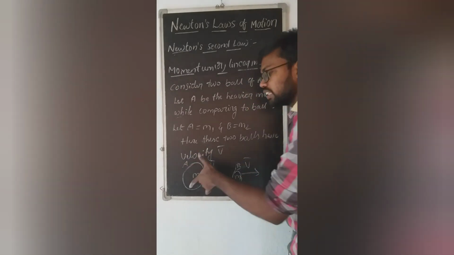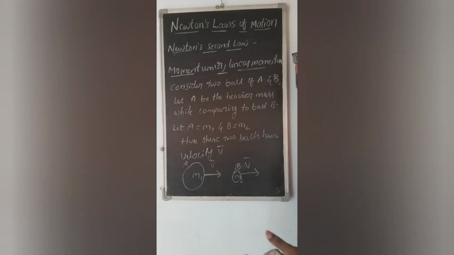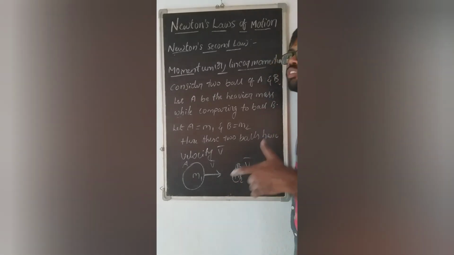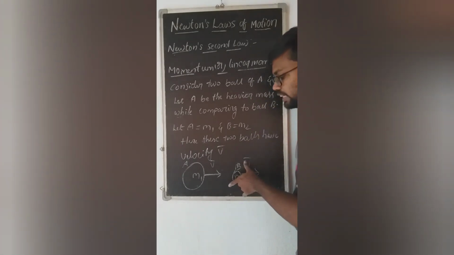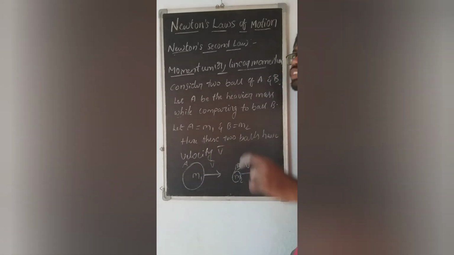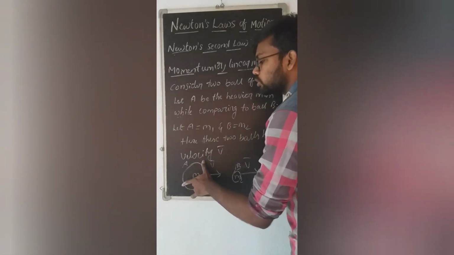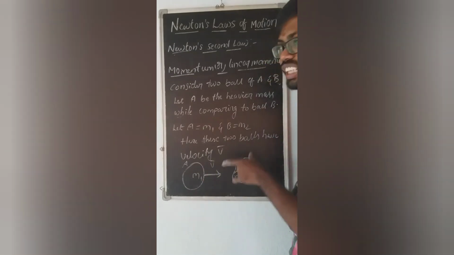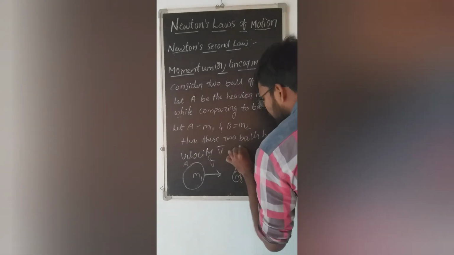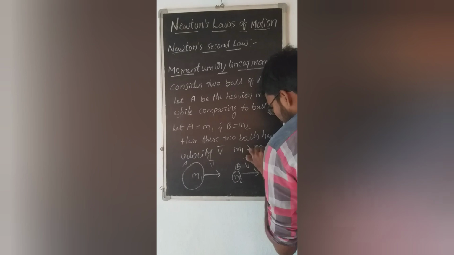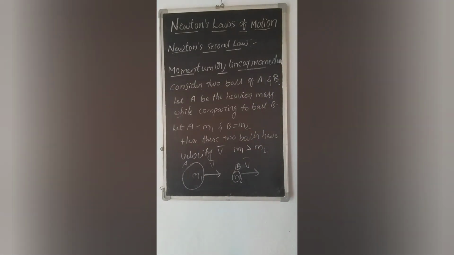Why? Because the velocity as well as mass acting on ball A is more compared to ball B, which is very much less. That's why ball A requires more force to stop it, and ball B requires very little force. This is about momentum, where m1 is greater than m2.